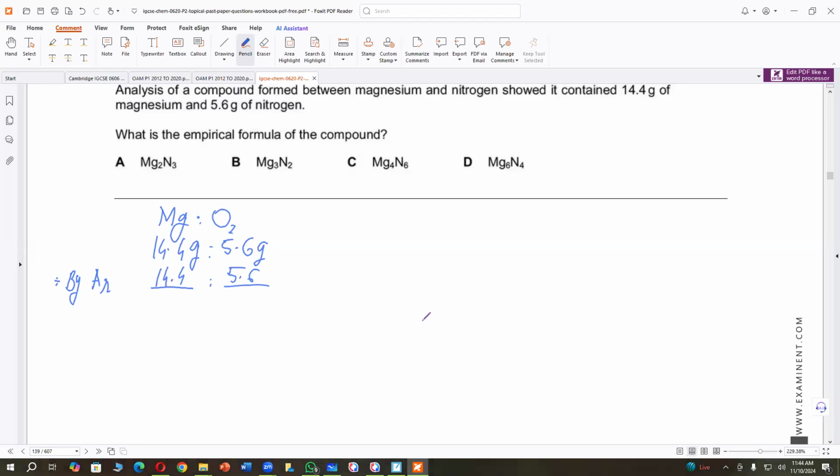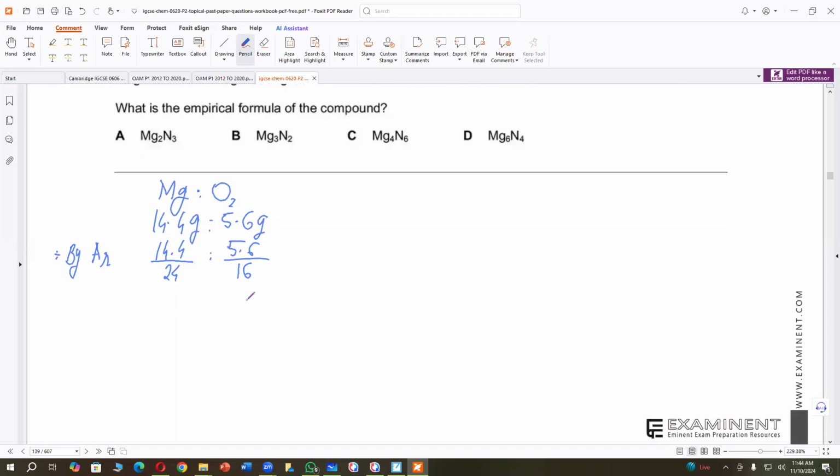Magnesium is 24, oxygen is 16. Okay, now calculator, 14.4 upon 24. 0.6. Now 0.6 divided by 0.35.